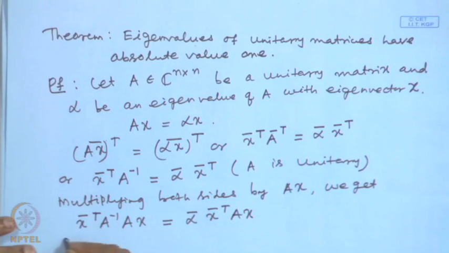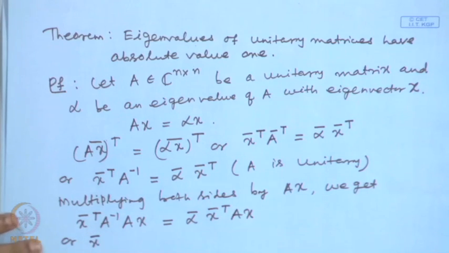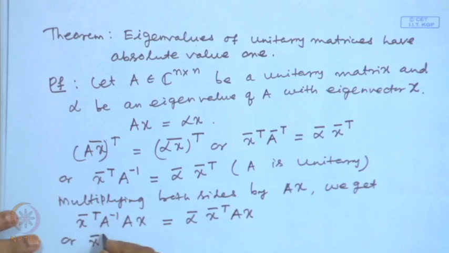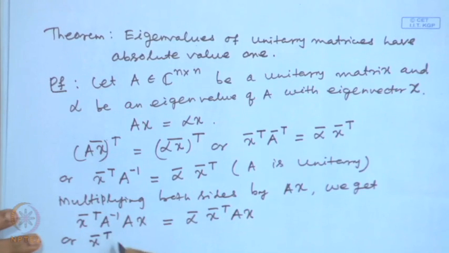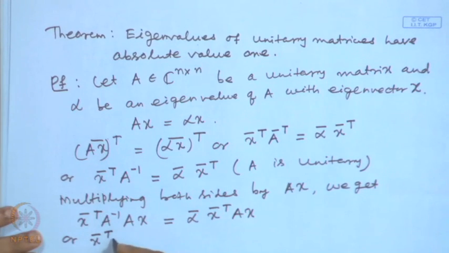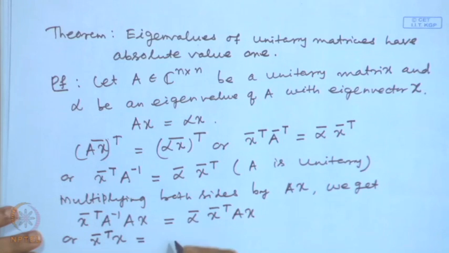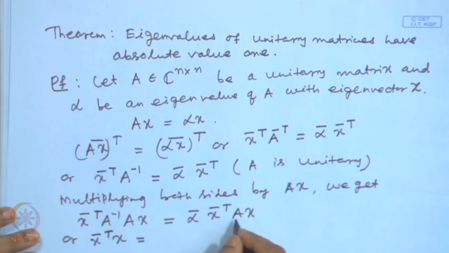Therefore, we get the conjugate transpose of x times x is equal to alpha bar times the conjugate transpose of x times A x, and A x is equal to alpha x.